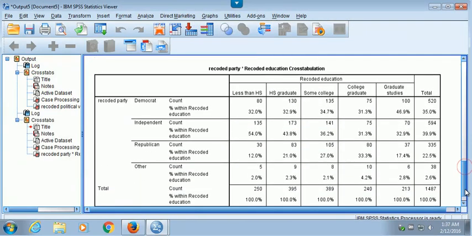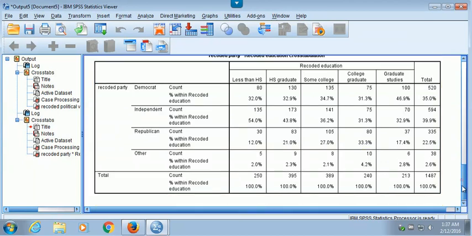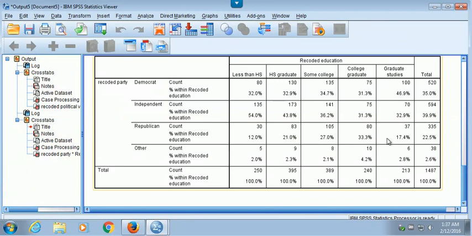If we scroll down, we can see those with graduate studies, so people beyond a bachelor's degree, are more likely to identify as Democrat. Again, high school and less than high school are more likely to identify as moderate. When you look at Republican, again, college graduates are more likely to identify as Republican. And again, you're just interpreting those percentages.